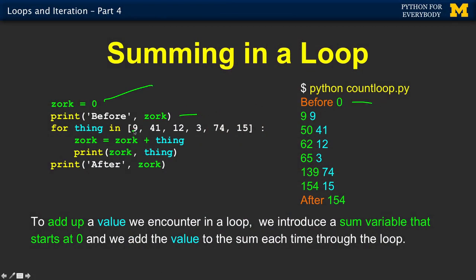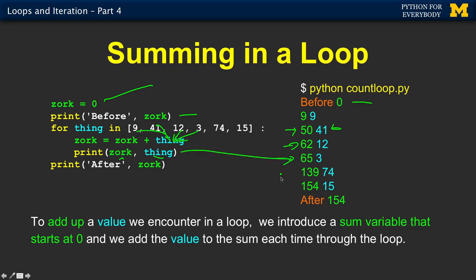Now 9 comes out, and 0 plus 9 is 9. So the running total is 9, and 9 was what we looked at. Then 41 comes in, we take 9 plus 41, the running total is 50, we read 41, go back up, 12 comes in, 50 plus 12 is 62, so that's our running total. Next we get 3, 62 plus 3 is 65.